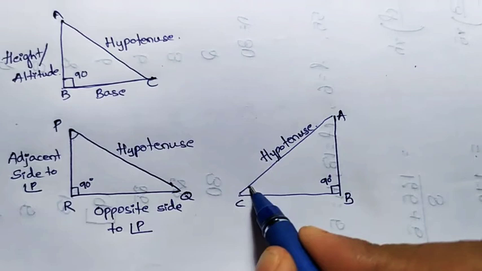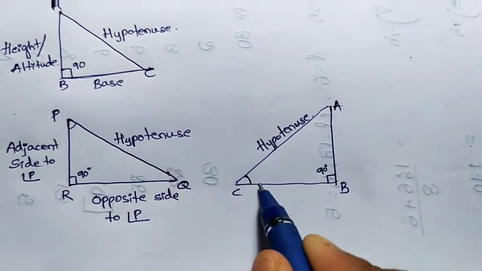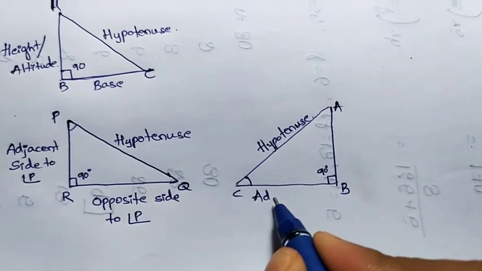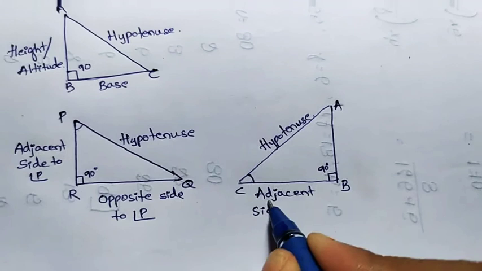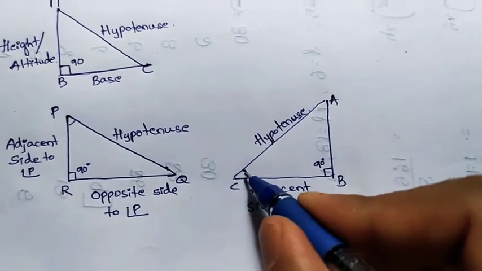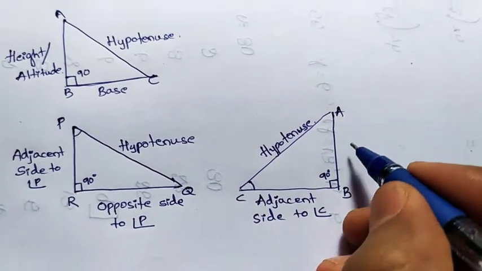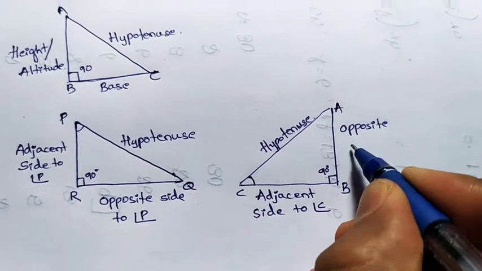Now taking C as my reference, CB will be the adjacent side to angle C, and the opposite will be AB, the opposite side to angle C.